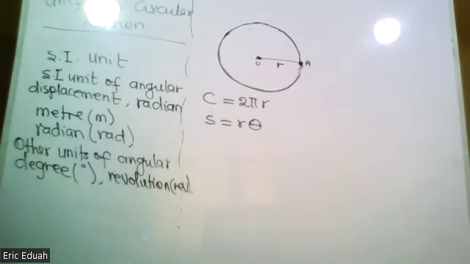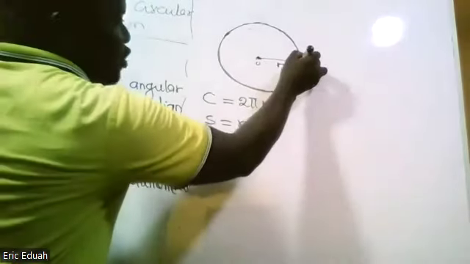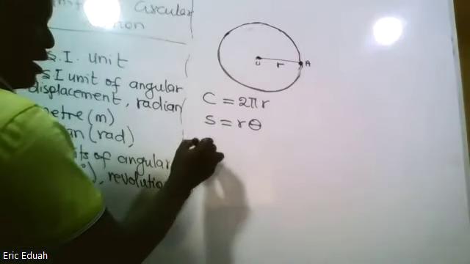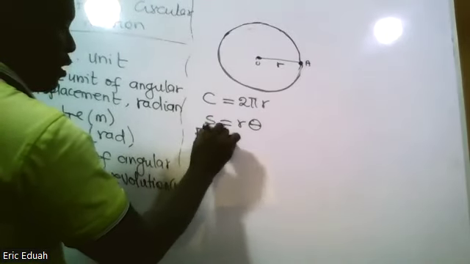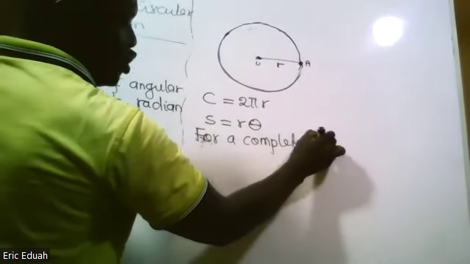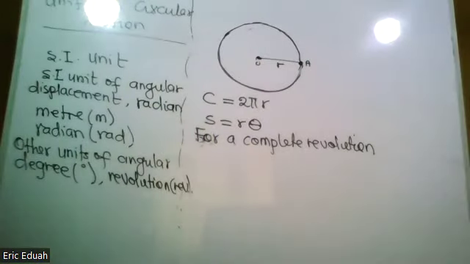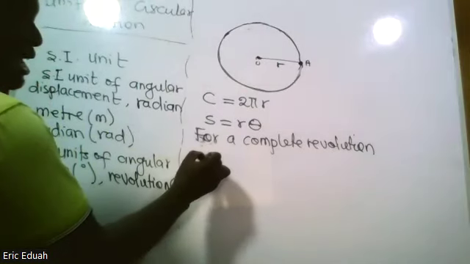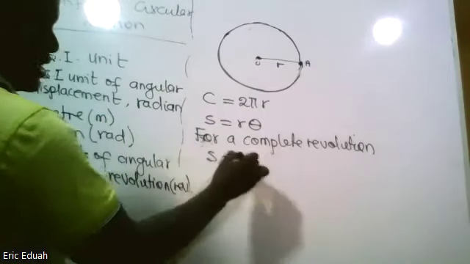If the body goes through one complete revolution, starting from a point A and coming back to point A, for a complete revolution, that is going round the circle once, the linear displacement S is equal to the circumference of the circle.